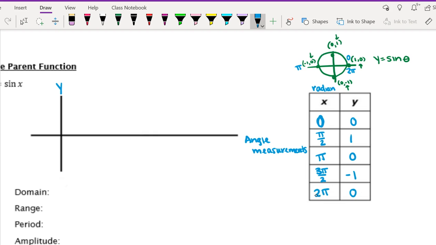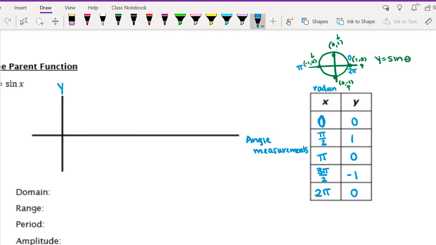So for the parent function, I'm going to start with 0, 0. In this case, I'm going up 1 and down 1. 2 pi is where my period ends. Okay, so 1 full rotation is 2 pi.